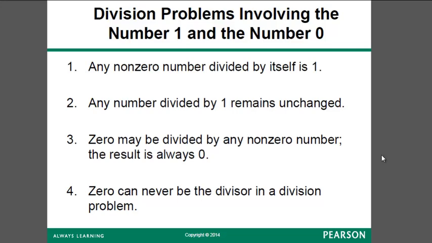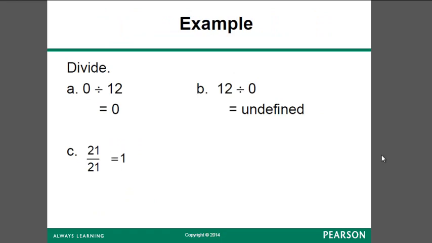So let's look at some examples. 0 divided by 12. This is like I have $0 and I have 12 friends. How much does each friend get? They get nothing. Each one of them gets $0.